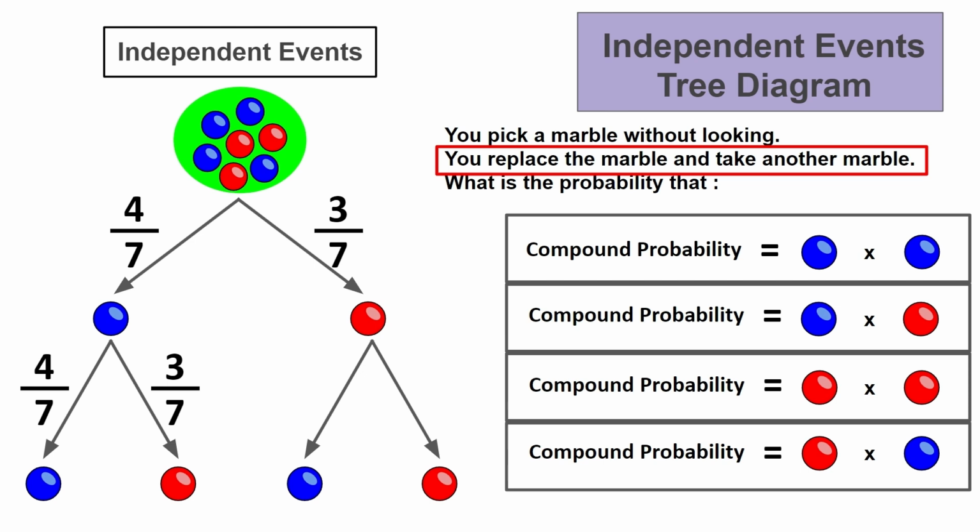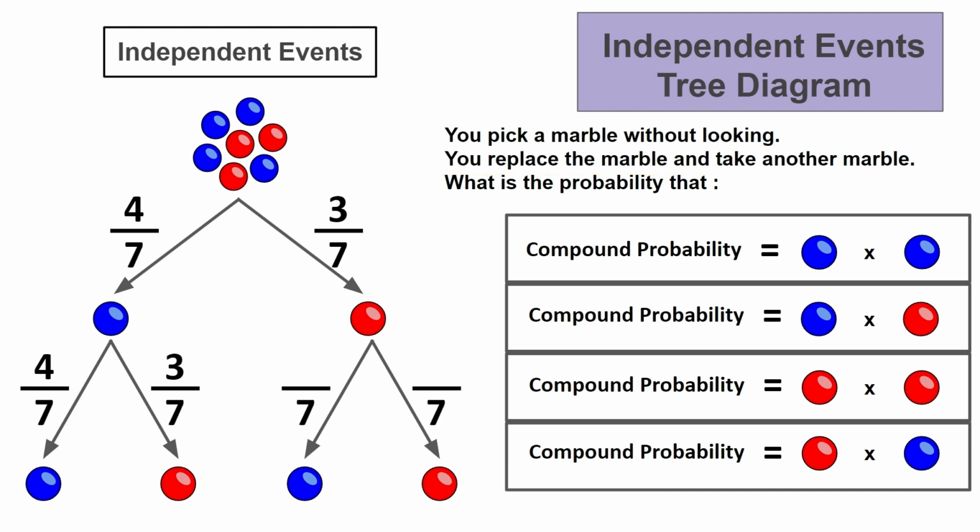So, just like with the blue marble, if you first picked a red marble and replaced it, the total number of possible outcomes remains the same in the second event. So, since nothing has changed, there are still 7 marbles in the bag, 4 blue and 3 red. So, we've completed our tree diagram showing all possible outcomes.